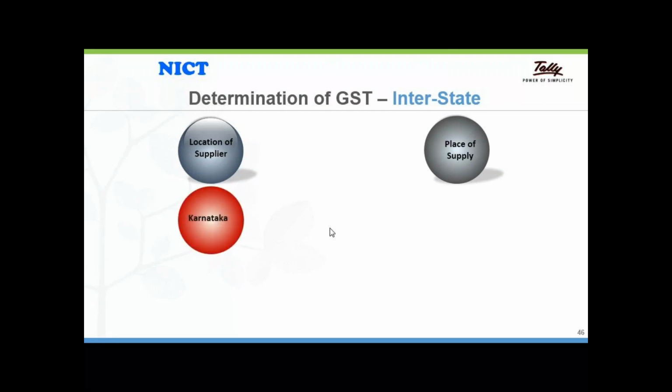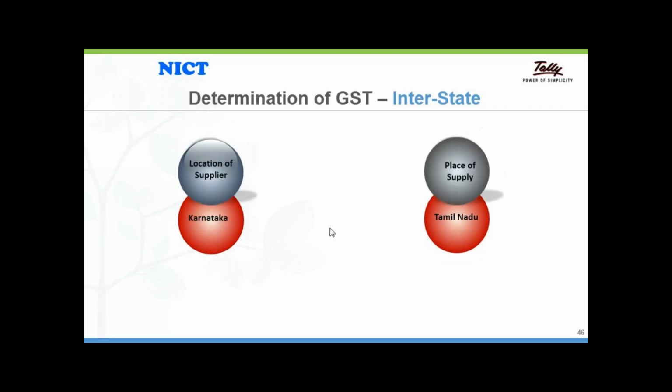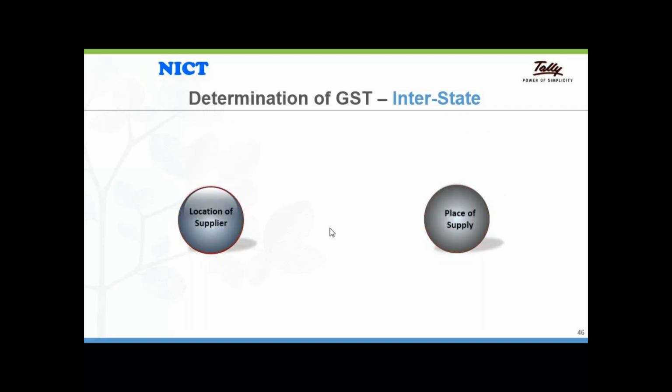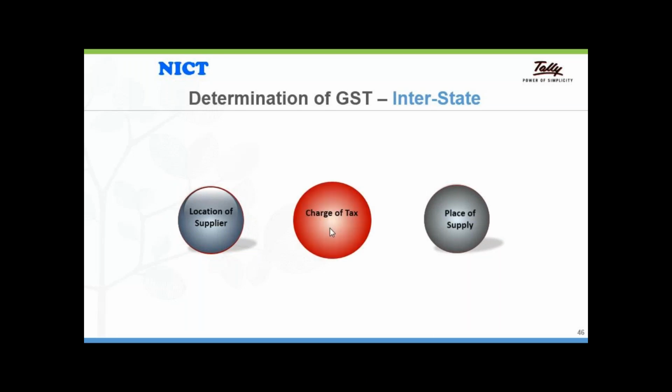Place of supply, Tamil Nadu. Applicable tax, IGST, integrated GST, full 18% for computer. If it is 28%, full 28%. No division.